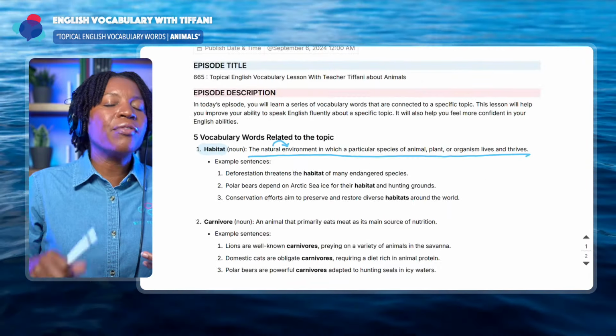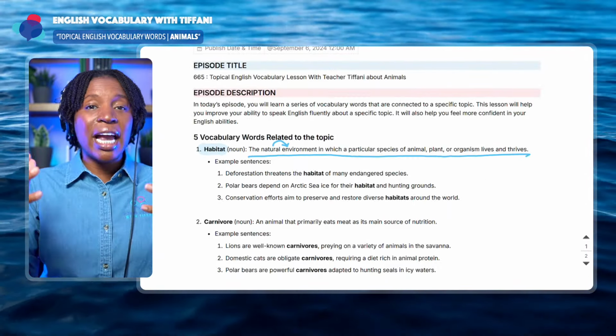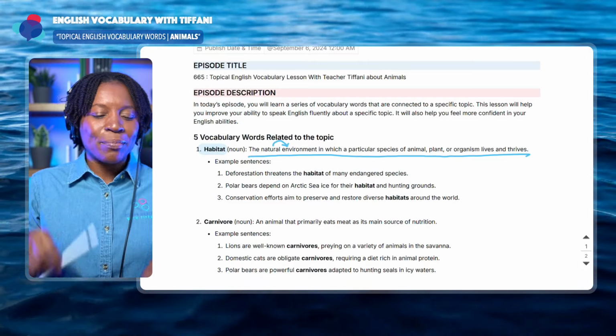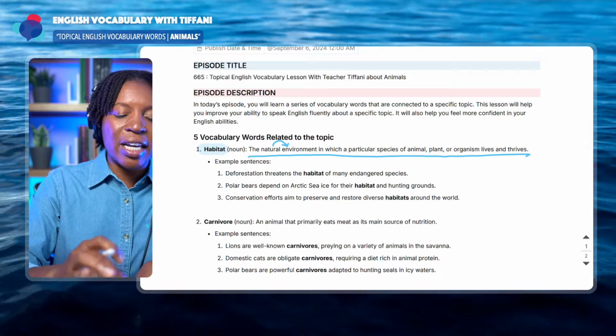The natural environment of an animal. For example, what is the habitat of a bird? What is the habitat of a whale? What is the natural environment where these animals exist? We would call those environments their habitat. You got it? Excellent. All right, let's check out the first example sentence.